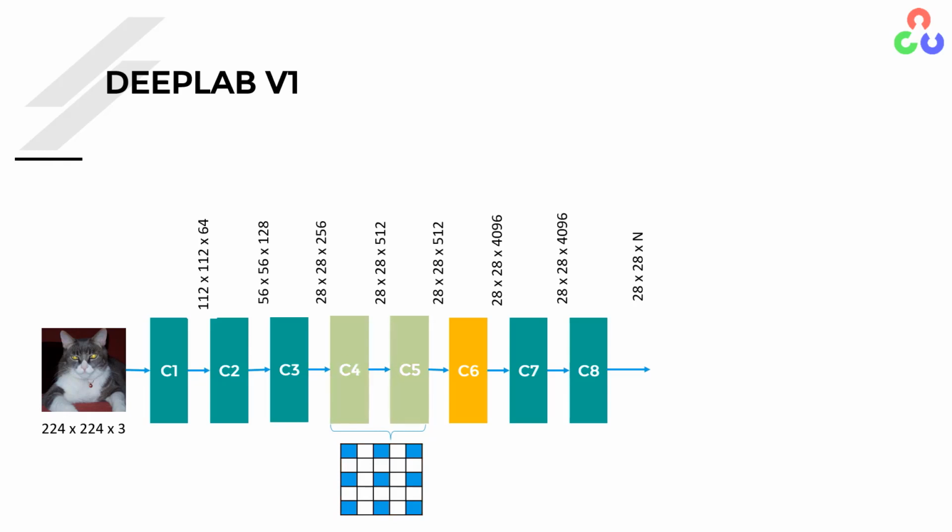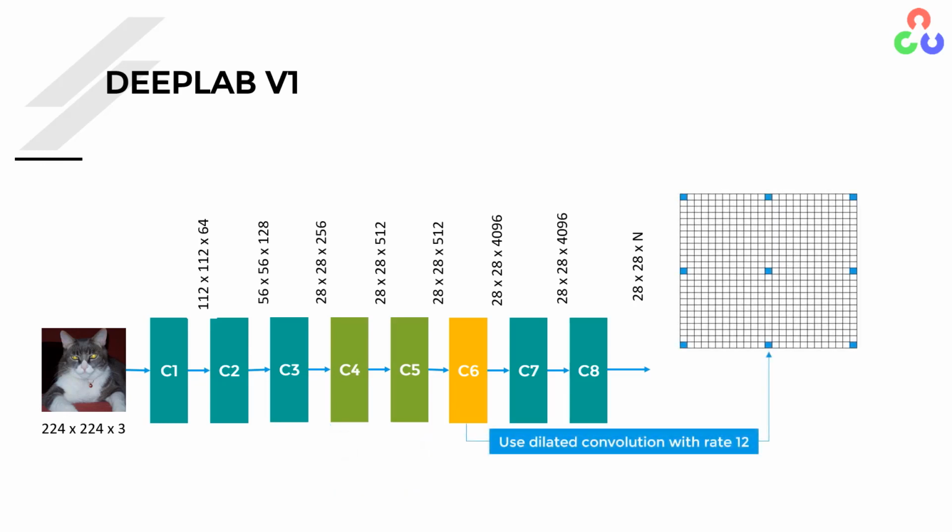These 2 layers, which had regular 3x3 convolutional filters, have been replaced by these dilated layers, with appropriate padding so that the size doesn't change. And then C6, the fully connected layer, has been replaced by a convolutional layer. Not only that, the convolutional filters used in this layer are dilated convolutions with a rate of 12. If you look at that filter, it would look something like this.